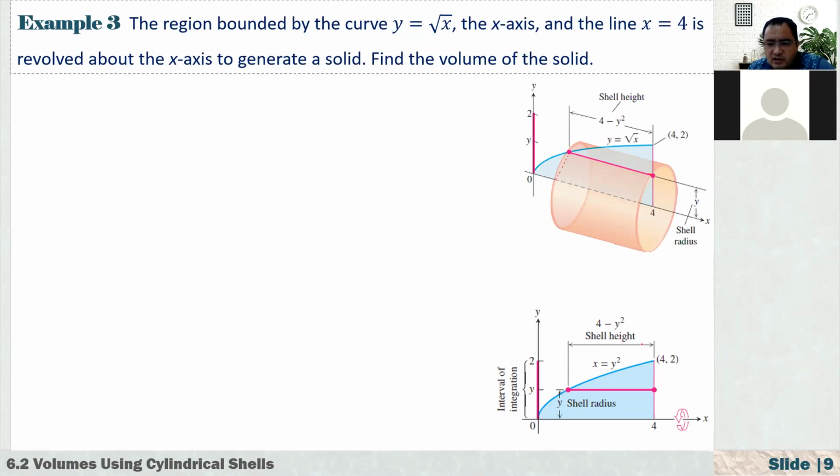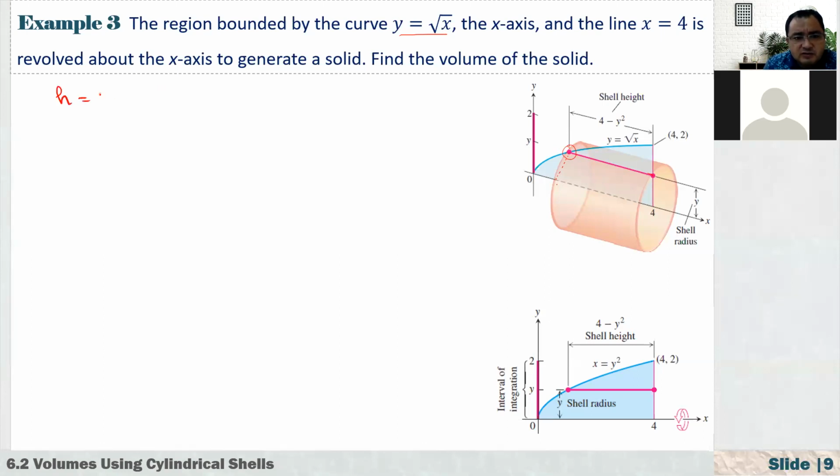So from here, what is the shell height? The shell height is 4 minus this point, right? And what are the coordinates of this red point? It is on the function y equals square root of x. When it is x, the y value is square root of x, right? So if you just find the difference again, it gives us the shell height. So what is the shell height?